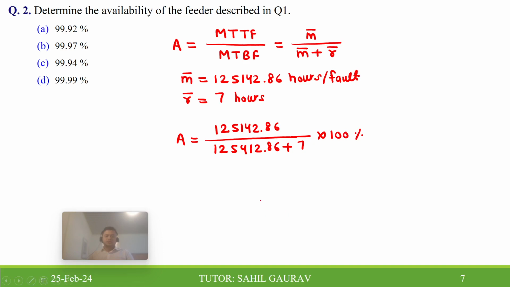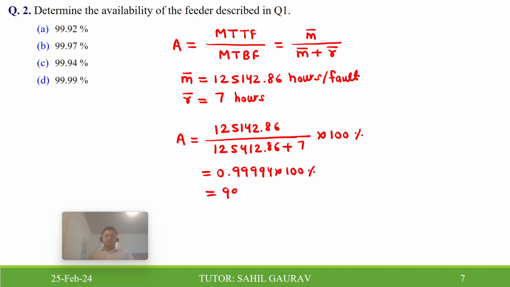So 125,142.86 divided by 125,142.86 plus 7, you will get 0.9994, into 100.